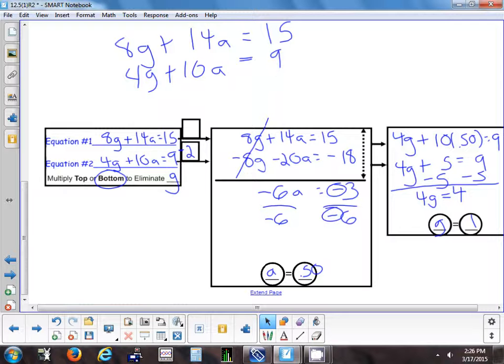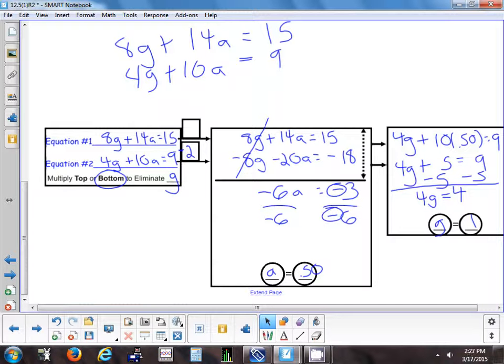So before I give you guys the last problem, what's the name of this method we're doing? Elimination. Now, guys, listen, please. I don't want you to think that every single elimination problem you have to multiply.